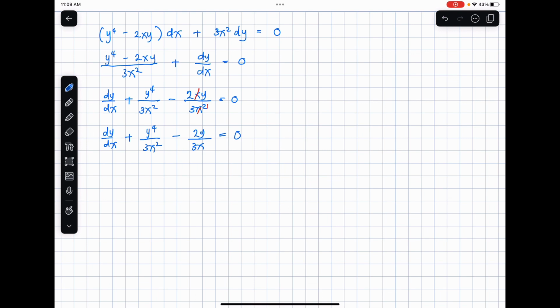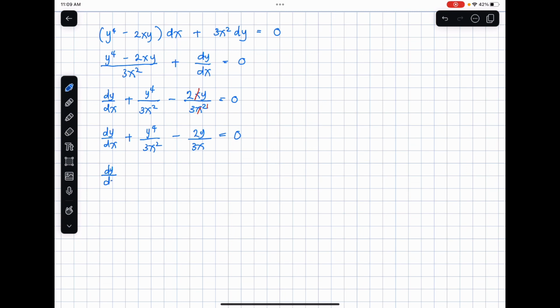And from here, since this is dy over dx, we should have it as linear in y. Out of the two terms here, we have y raised to the fourth, and the other one is minus 2y. I'm sure this should be linear in y.